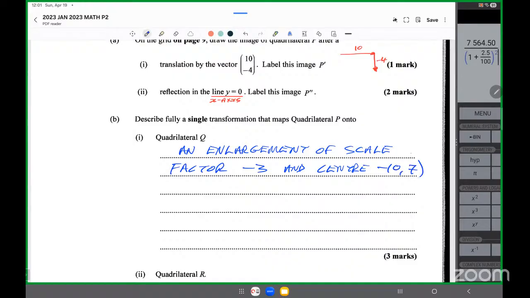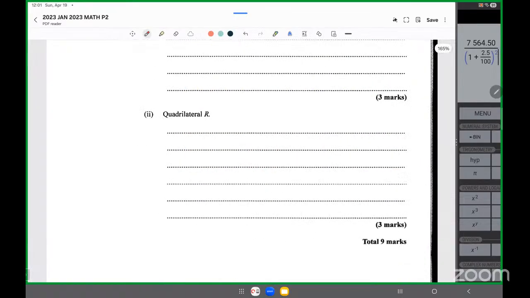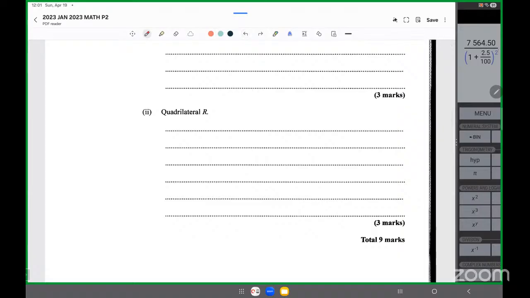Done. You could say also about the point -10, 7. So the scale factor is 3 and the center is -10, 7. That's all I want. You give them the name of the enlargement, and you give them the components, the scale factor and the center. That's all I want.